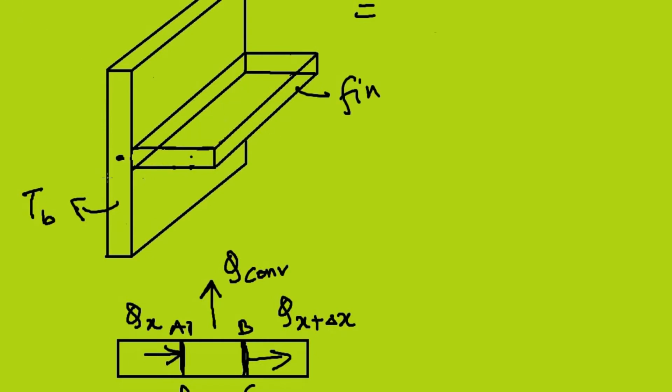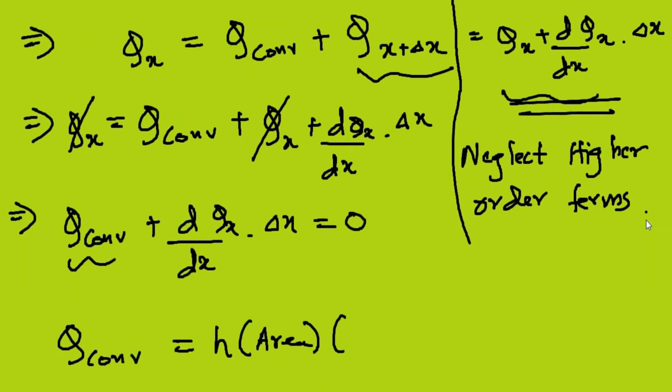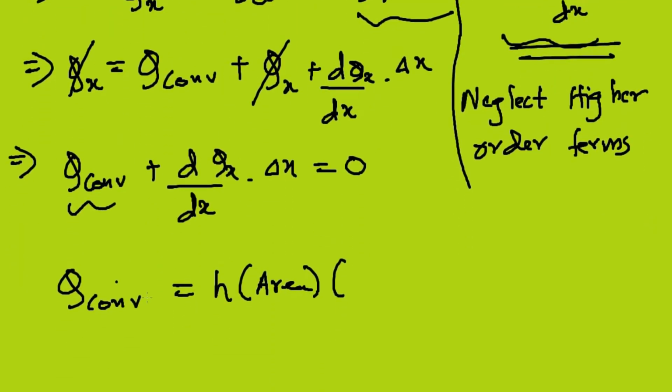In this diagram we can see that the temperature of this base, that is this wall, is Tb, but this fin, let us assume that this fin has a temperature T. So now what I can write over here is q convection equals h times area times T minus T infinity. So now what about this area?